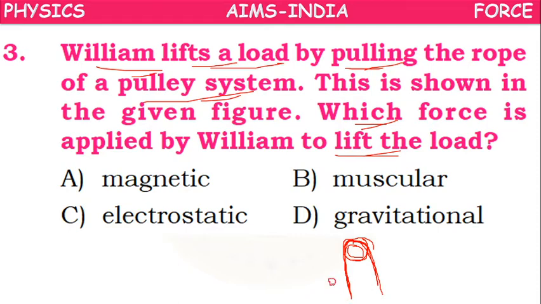Suppose the person is here and the load is here. If this person tries to lift the load with the help of the pulley, what kind of force is involved here? The person, by using his hand force, is pulling the rope so that the load will come up. So he is making use of muscular force. Actually, for this question there is no need of a diagram, we can tell directly.